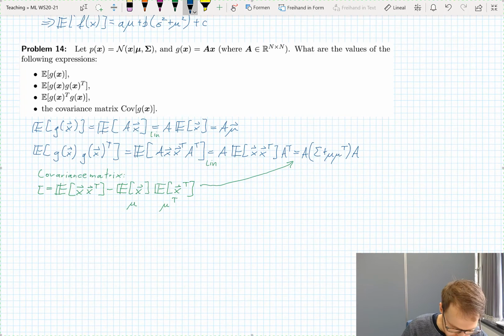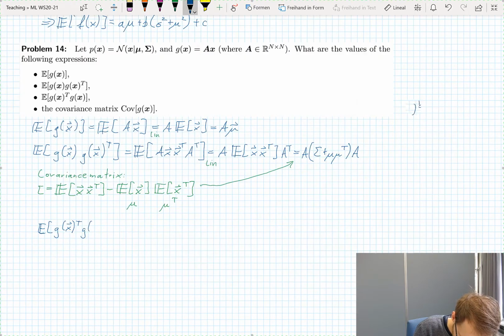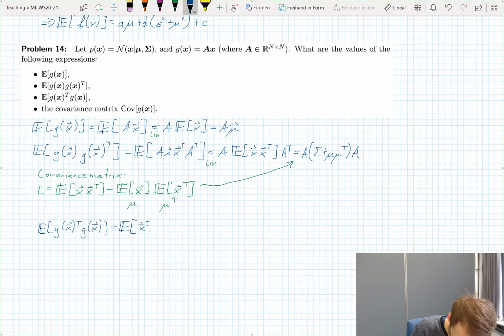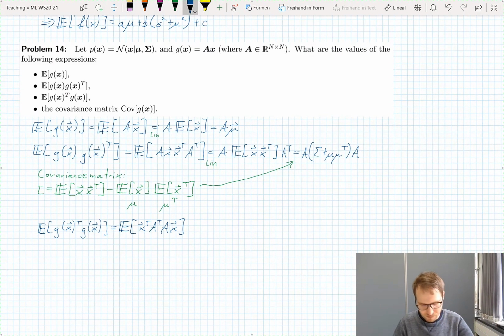Okay, so next step, again, it's a bit more difficult. The expectation of g of x transposed g of x. This is equal to, so let's insert, oops, not this, x transposed A transposed A x. Okay, so what do we do now?